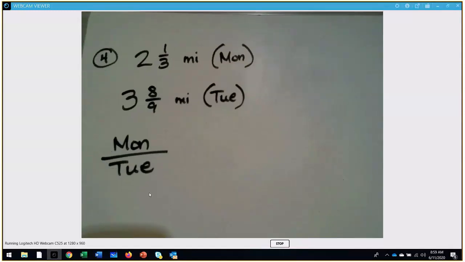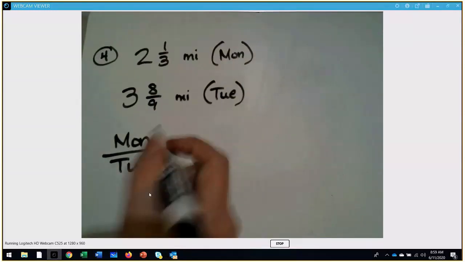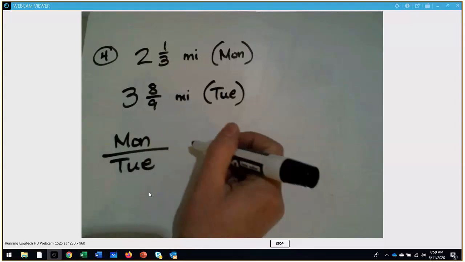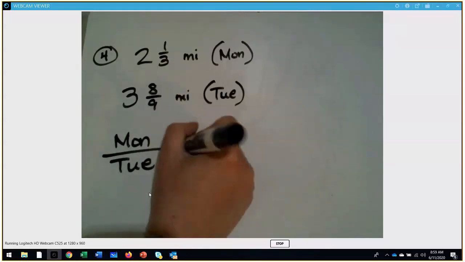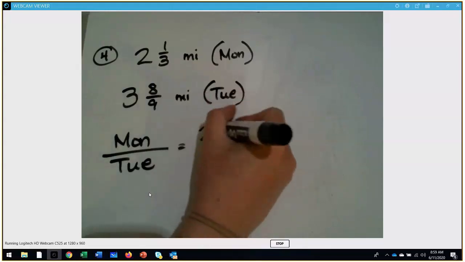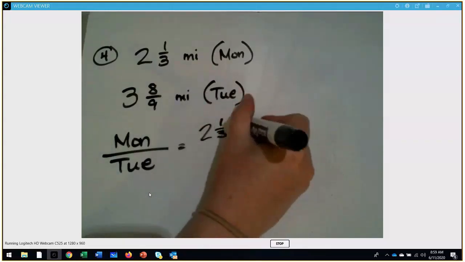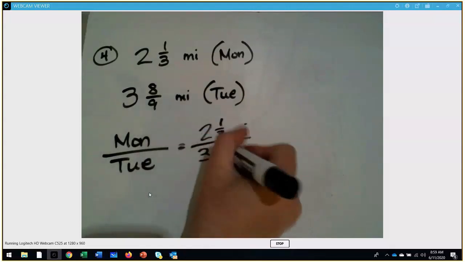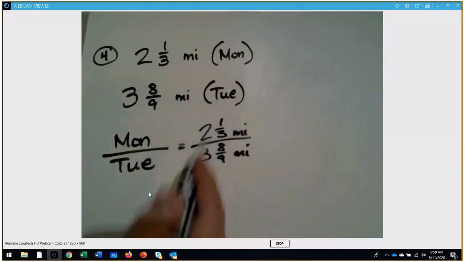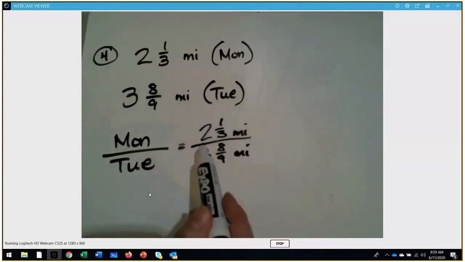So here's all the information I've got. If I set this up the way we've been doing, just bear with me for a second, I would put 2 1/3 over 3 8/9. And I'd have to deal with that. That looks like a mess.